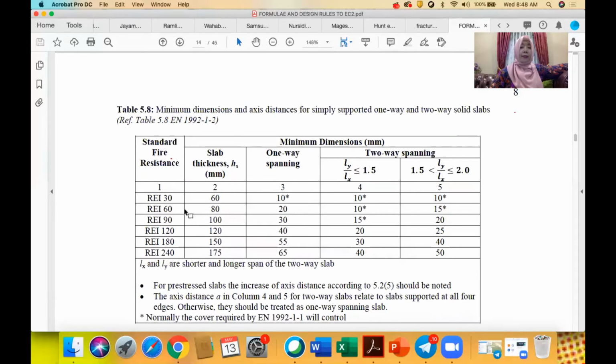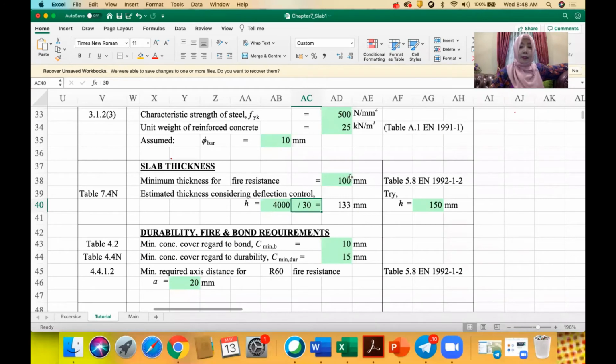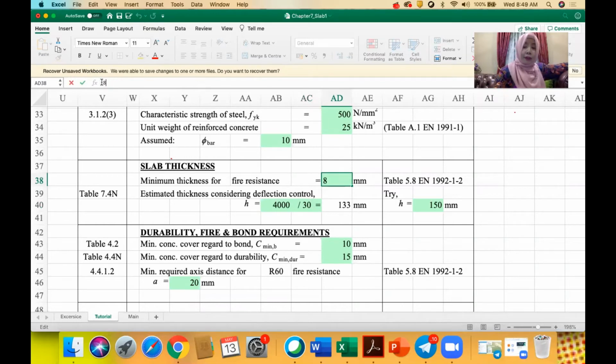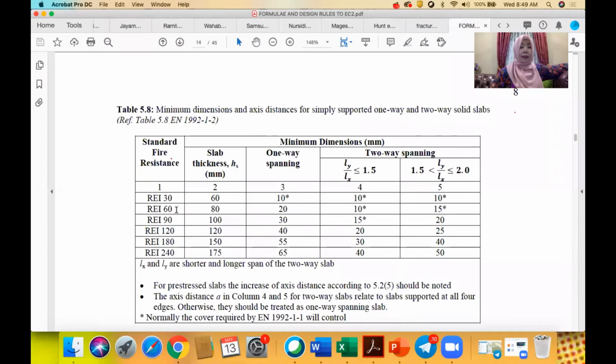It's 60, it's 100 here. Sorry, is it 80 or 100? 80, if not mistaken. For 60 minutes, the minimum thickness is 80 here.